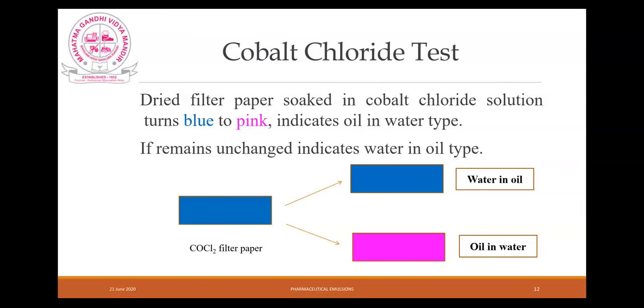Last one is the cobalt chloride filter paper test. Here the filter paper is soaked in cobalt chloride solution and dried. Definitely it will have a blue color.